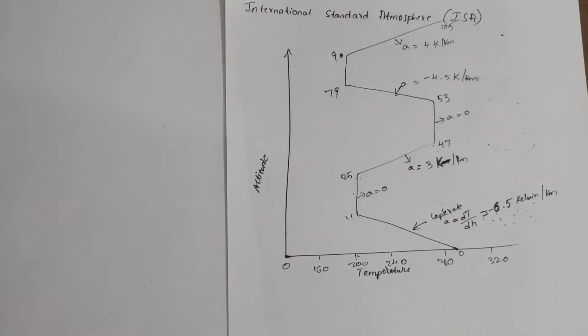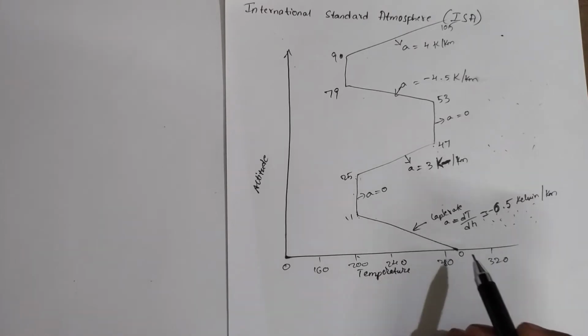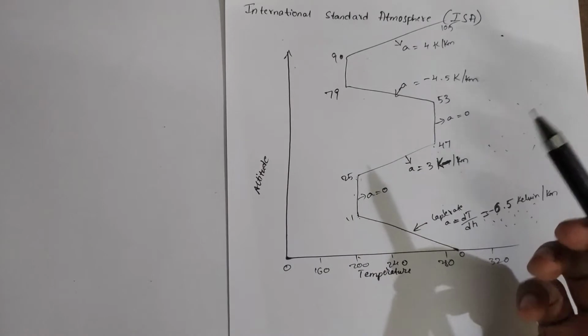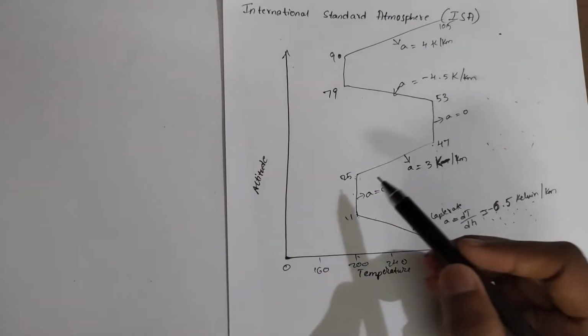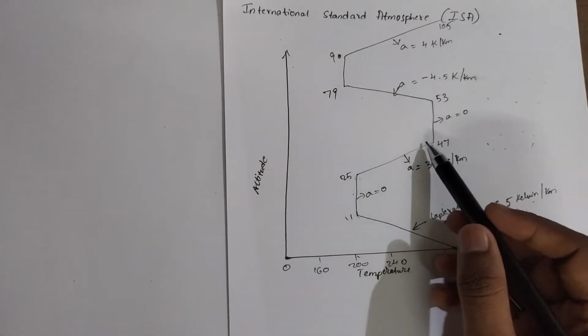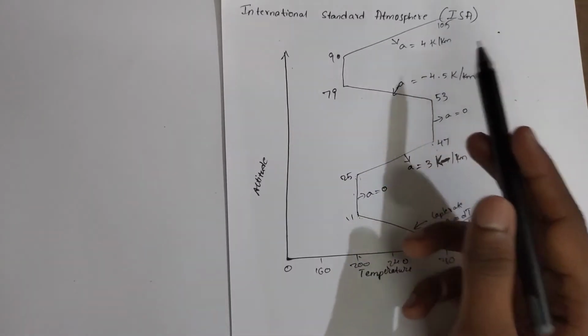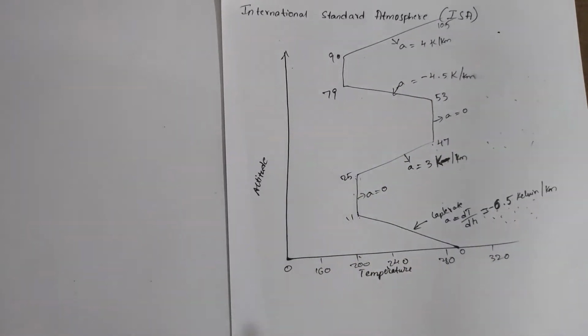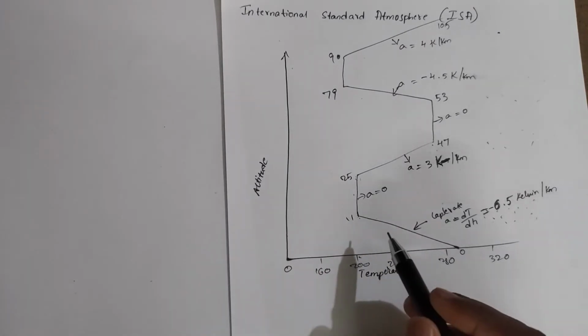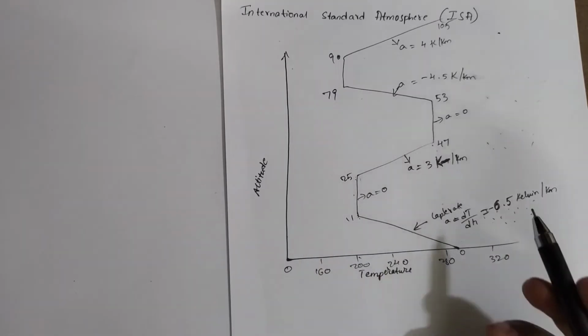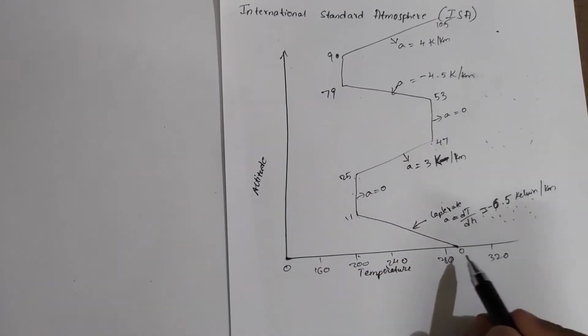So now we'll take a look at why the temperature is not gradually decreasing from the surface of the earth towards the atmosphere, and it is changing in between, as the temperature rises from 25 to 47 and 90 to 105. So we'll see why this happens. From 0 to 11 kilometers, the temperature is decreasing, as I have said before.